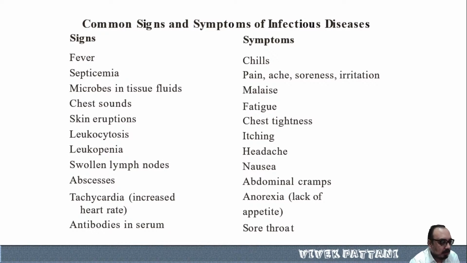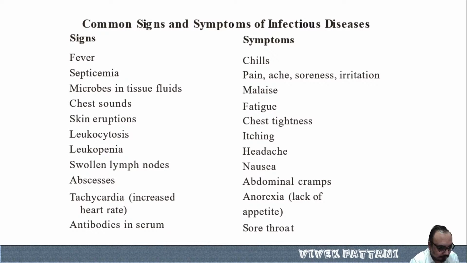Next term is leukopenia. Leukopenia is basically a condition where you have a lower count of white blood cells.